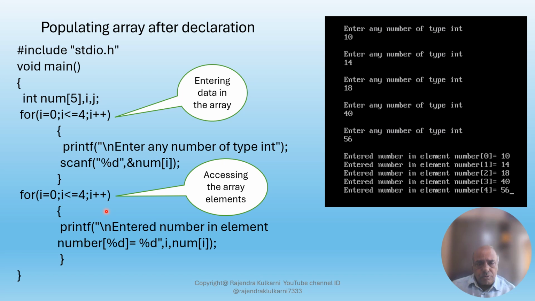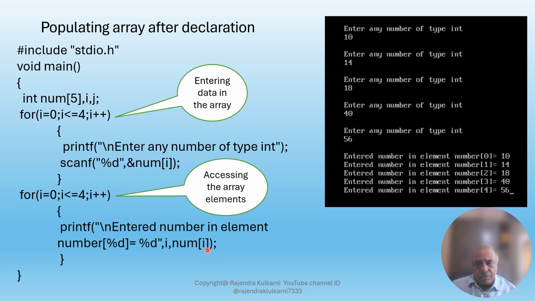So this loop accesses the array elements by the subscript notation num subscript I. When I is 0, element number 0 will be accessed and its value will be displayed.